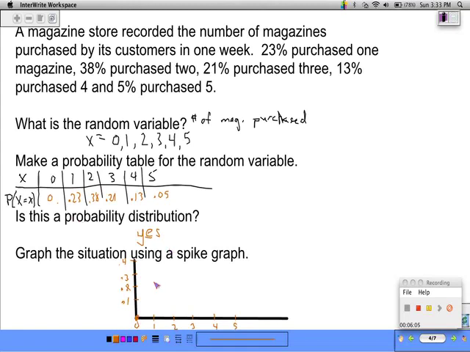So 0.23 would be about there, 0.38, 0.21, 0.13, and 0.05. The reason it's called a spike graph is we put each of these points on a spike. There's our spike graph.